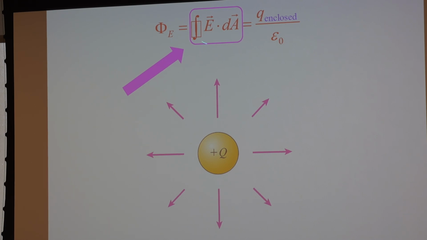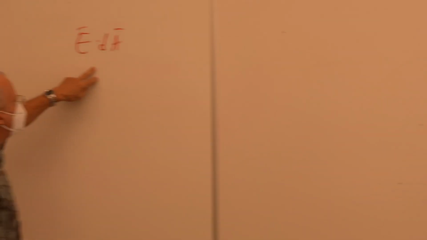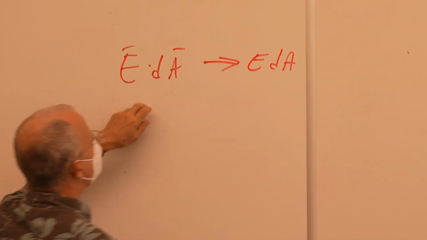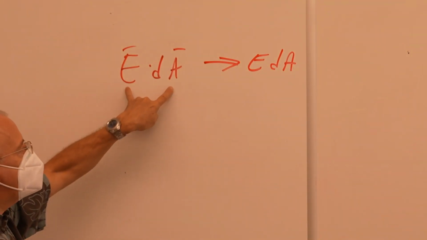Okay, so here's the important thing. This integral, we want to simplify it. First of all, we have an E dot dA, right? That's a dot product. We don't want a dot product. We want this to become just E dA. So what does that mean about the vectors E and dA?